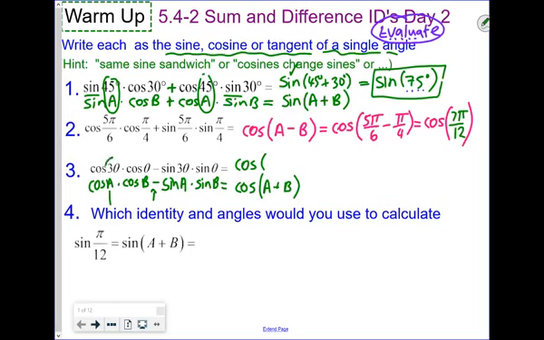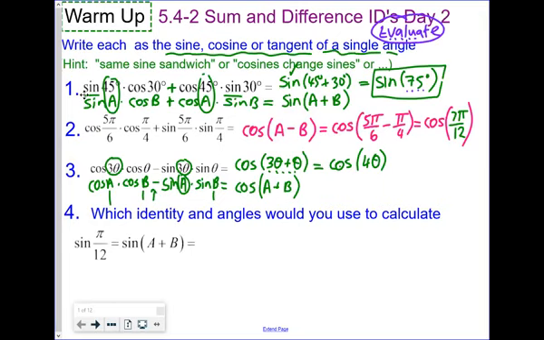Our A is 3 theta. Plus, we could have picked it from here if we wanted to. Either of those places would do. Our B, I could pick it here, or there. It's just theta. So what we've got here is the cosine of, do this math here, 3 theta plus theta is 4 theta. Okay, so that was number 3.